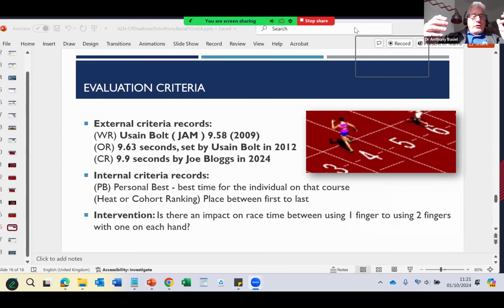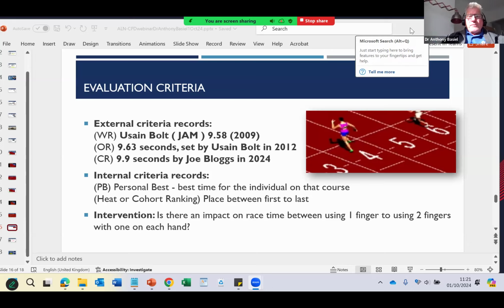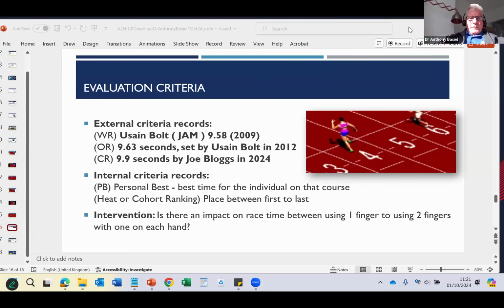All right, so what does this mean? Well, if you're doing, say, a park run, you're not competing against the other people to see who's going to be first place. You're competing against yourself, so you're going for your personal best. In our case, when we did the race, we did a PB on the first one. That was our best one. But we are also looking at our place in relationship to that cohort or in that particular heat of the race.